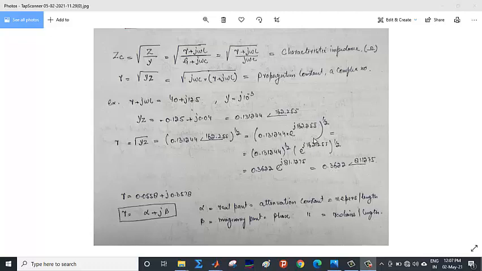In general, I have shown you the proof of how to do this. When you take the square root or any power of a complex number in polar form, you raise the magnitude of the complex number to that power, and you multiply that power with the angle of the complex number.